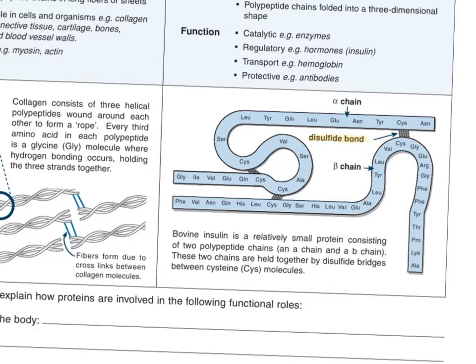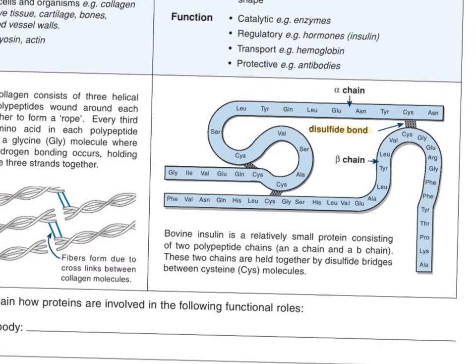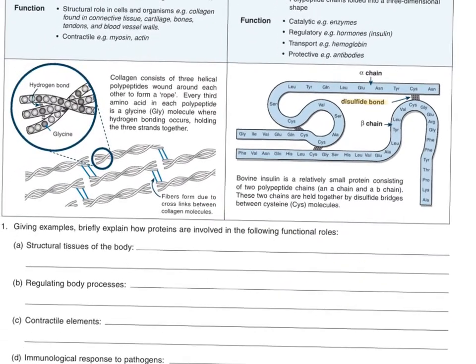Certainly for AP biology, you'll need to know it. But the key is that you understand that this chain of amino acids, every time you have two cysteines, they form a bridge, which does what to the protein? Folds it. It folds it, bends it. This is insulin, by the way. This is insulin in a bovine, which means cow. The word bovine means cow, in case you're confused.